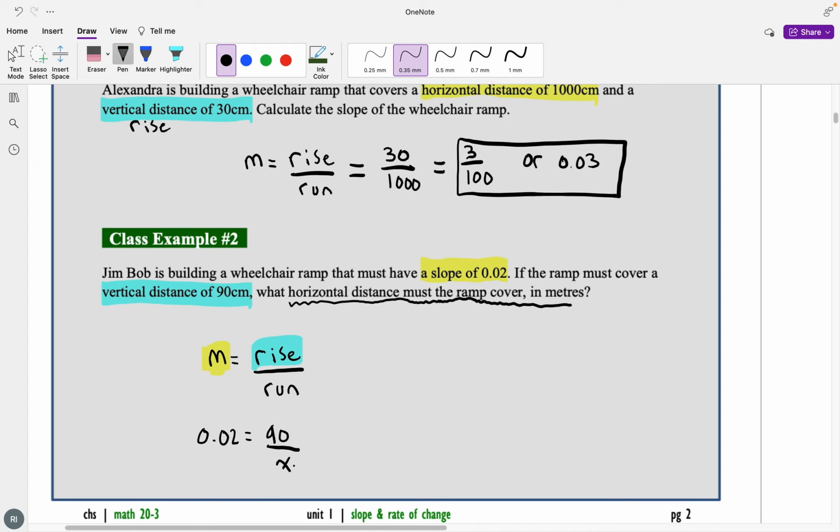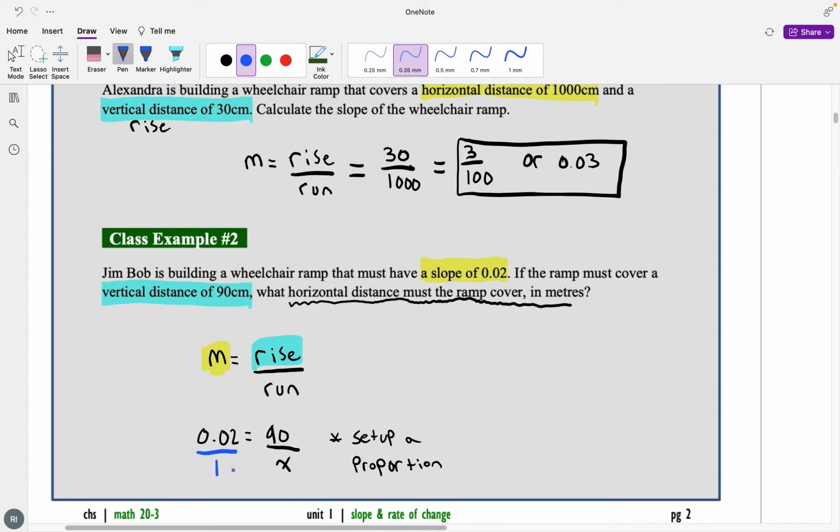At this point we need to solve, and the method that we've been using this year is to set up a proportion. Let's make a note. So, in order to set up a proportion, we just need both sides to be fractions.